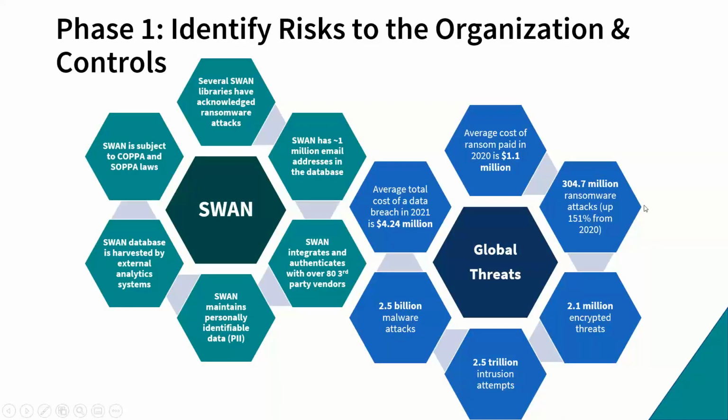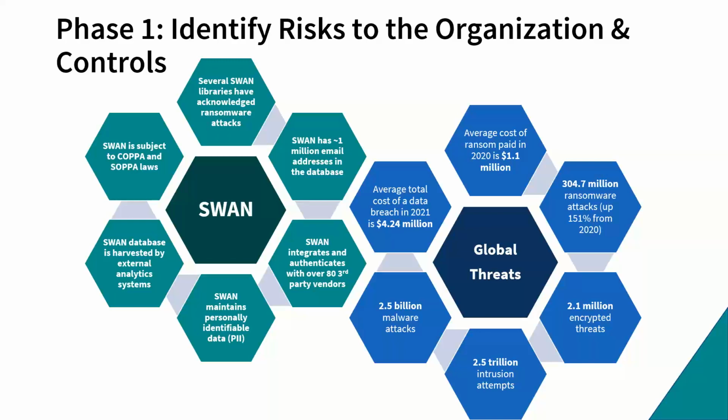SICKIT has broken this into 4 phases that I'll just go through really quickly. Phase 1 will be identifying risks to the organization and the controls for measuring those risks. So that's that NIST 800-171 that I was mentioning. And this is just kind of a breakdown of some of these risks that we've identified just through some brainstorming.